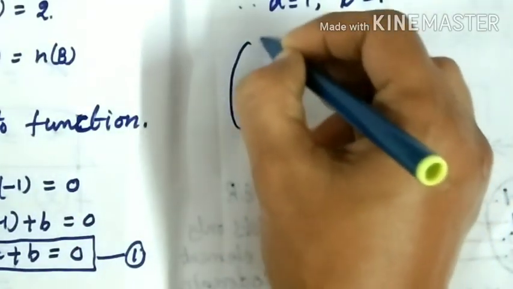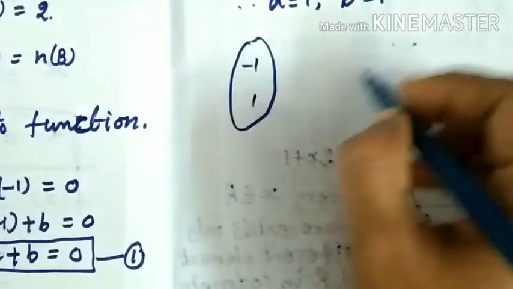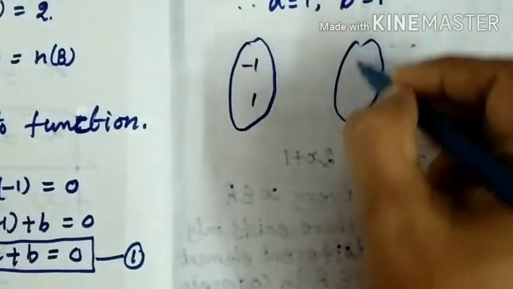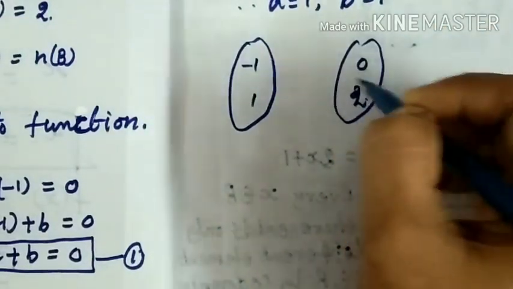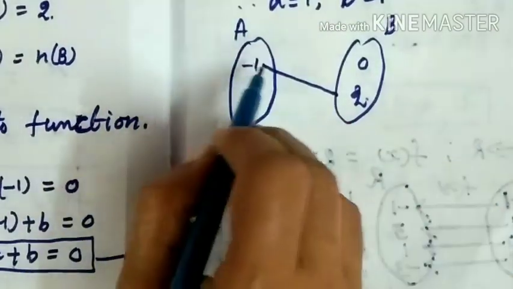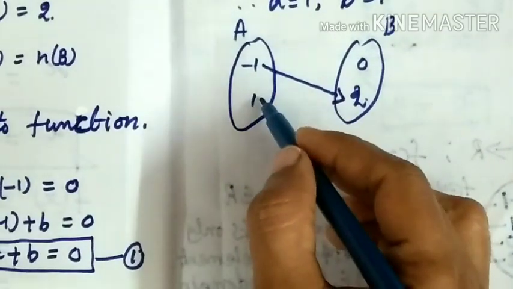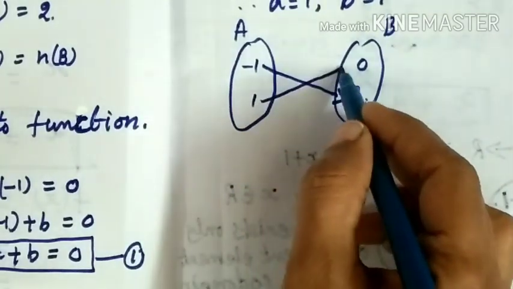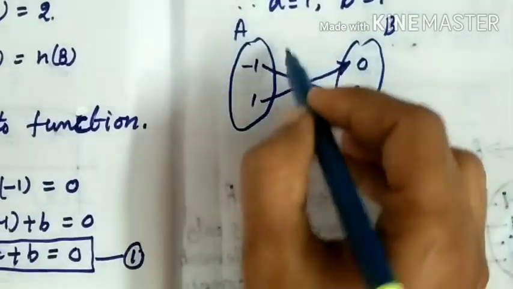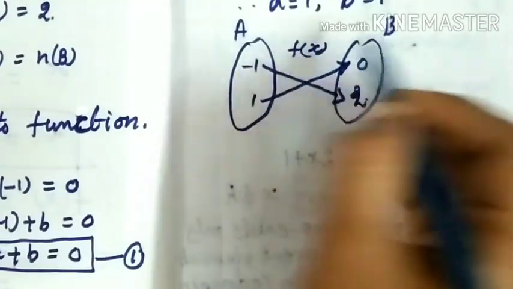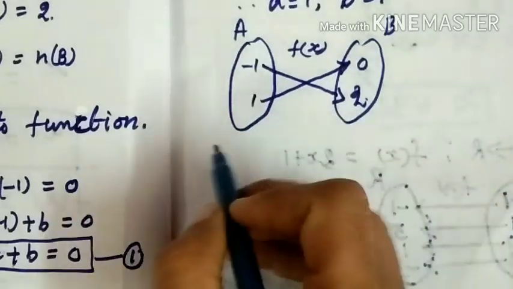Suppose in an arrow diagram, it may be possible that minus 1 has image 2 and 1 has image 0. Then we find the value of a and b.